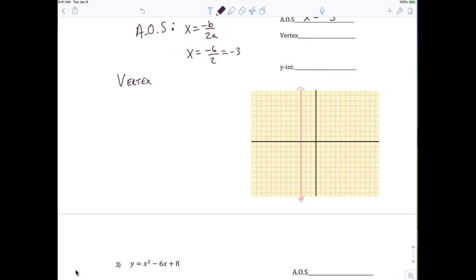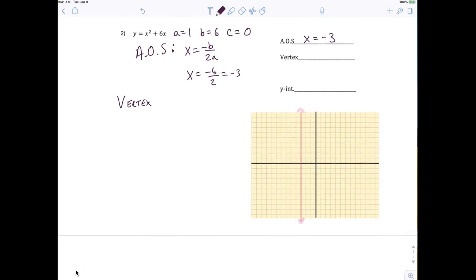Yes, you plug in X equals negative 3 into the equation. So your vertex is going to be negative 3 comma something. So we go Y is equal to negative 3 squared plus 6 times negative 3. So somebody tell me what Y is. Negative 9. Thank you. So your vertex is negative 3, negative 9.